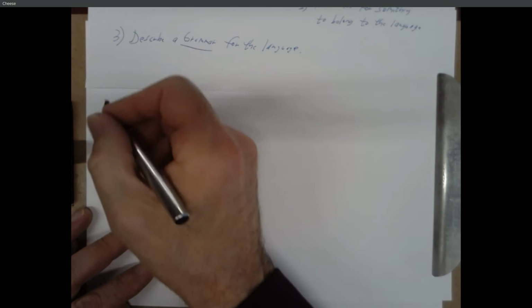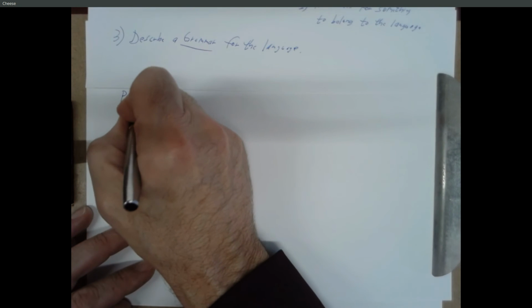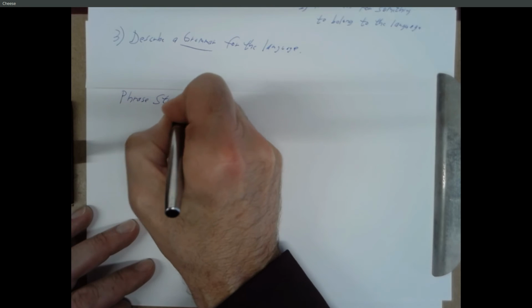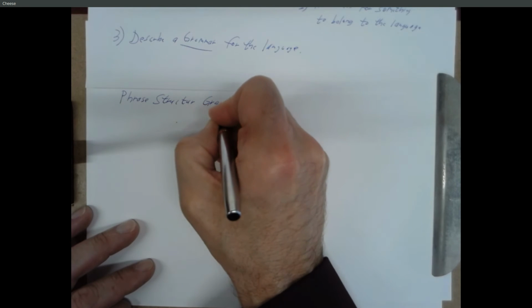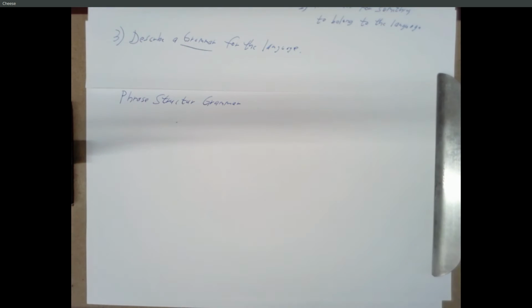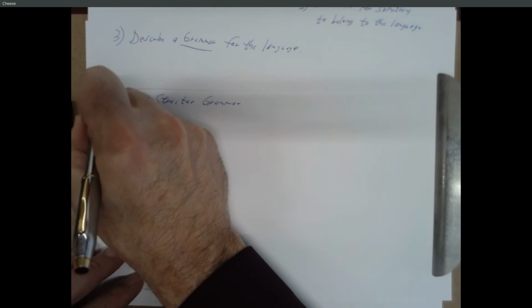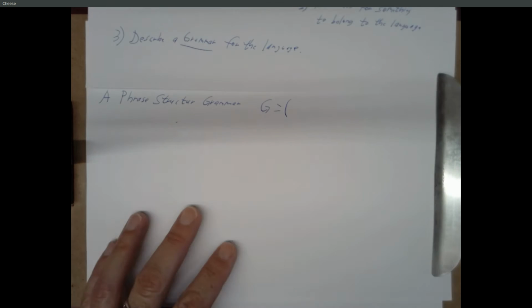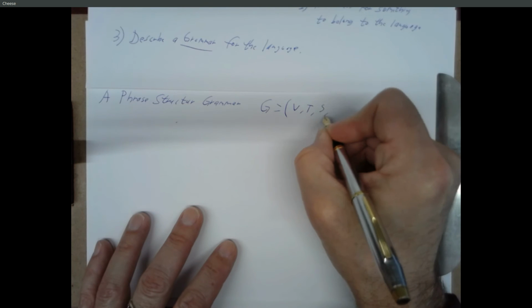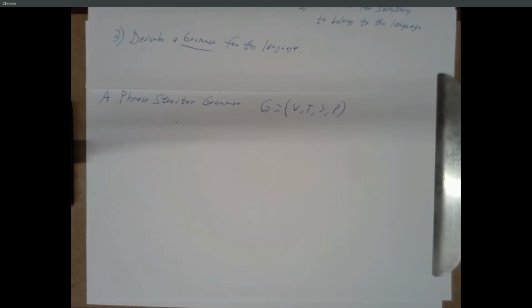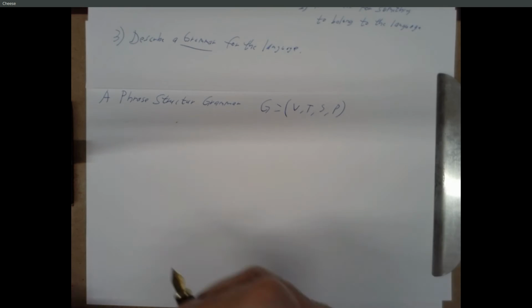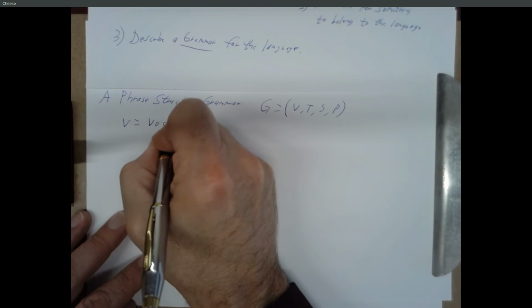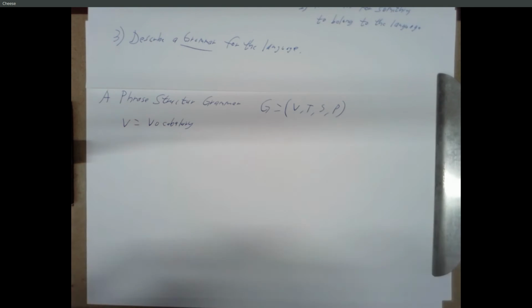And there's different types of grammars. We're going to talk about a phrase structure grammar. So a phrase structure grammar G is going to be a four-tuple, V, T, S, and P. V is going to be the vocabulary, so the set of symbols that we can use.